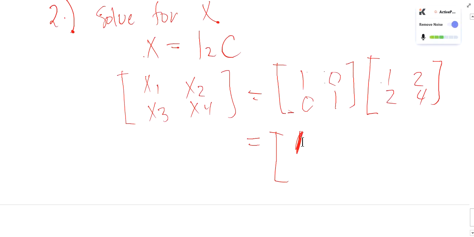So 1 yung magiging first element natin. Next is yung second row, first column, that is 0 times 1 plus 1 times 2, that is 2.